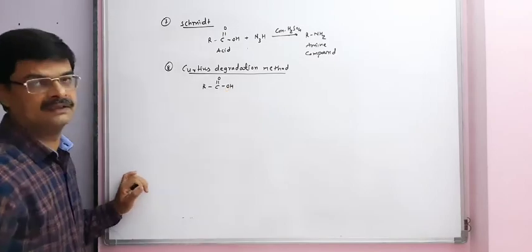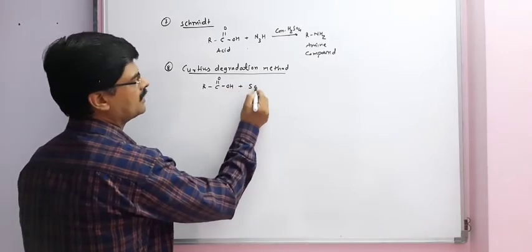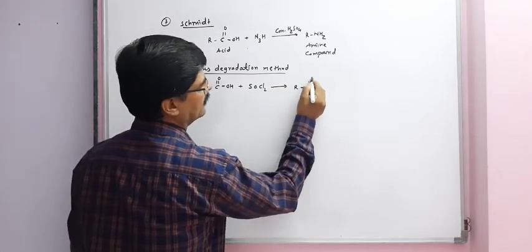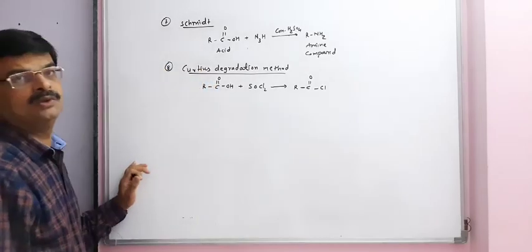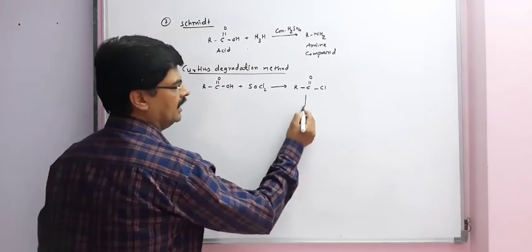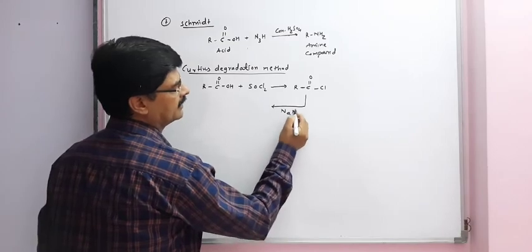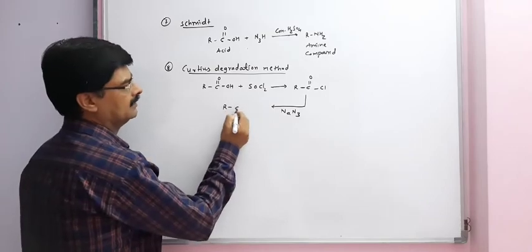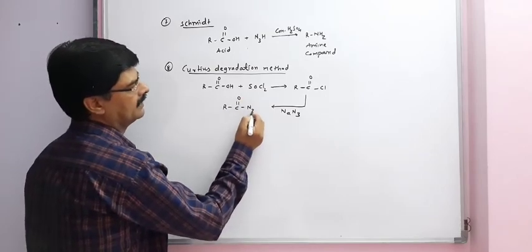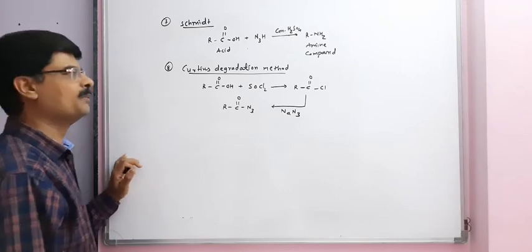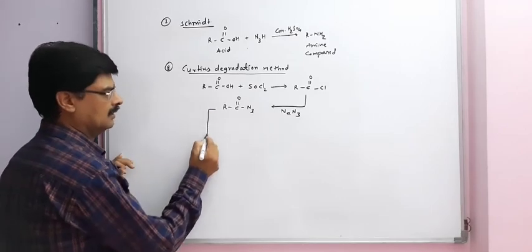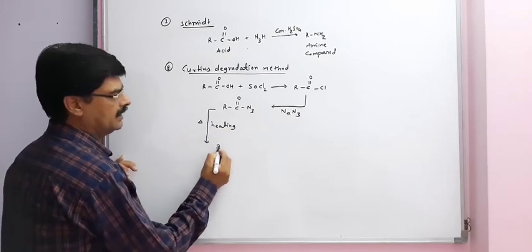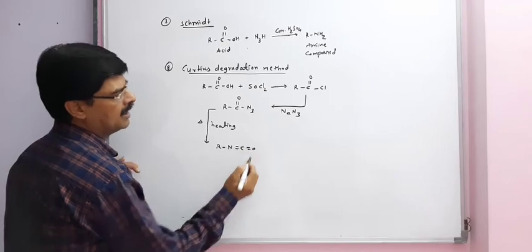RCOOH, that is acid, reacts first with thionyl chloride to produce acid chloride, RCOCl. When RCOCl reacts with NaN3, sodium azide, the product obtained is the acyl azide. On heating, it gives R-N=C=O.